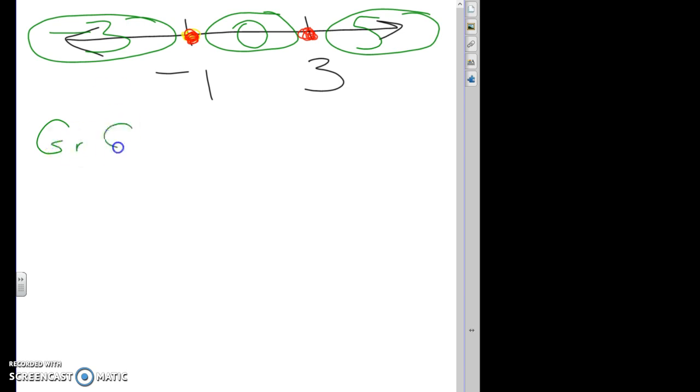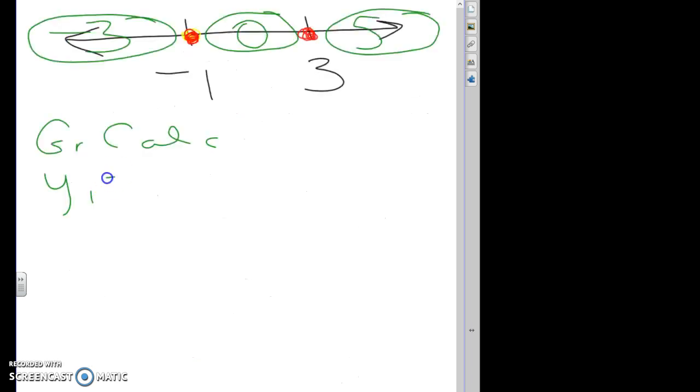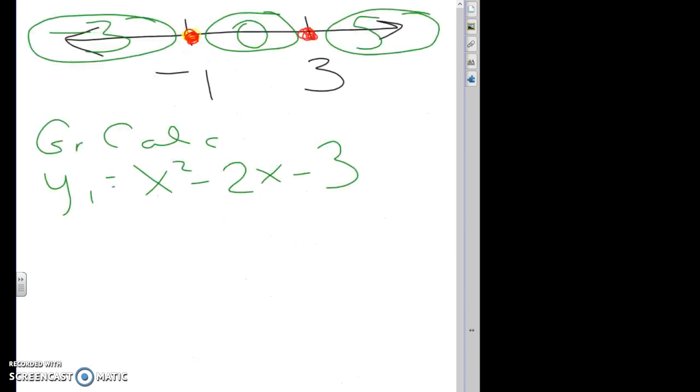So use your graphing calculator. We're typing in, let's see, let's flip back. We'll use the x squared minus 2x minus 3. Okay, and we're going to be wanting to know if they are greater than or equal to 0 again, when we go in our table.